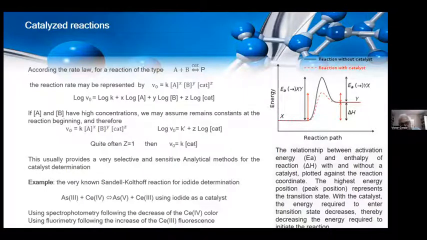Or you can control the reaction by making fluorimetric measurements of the cerium 3 produced in the reaction, which is fluorescent. In this way, you can reach ppb concentrations of the catalyst.